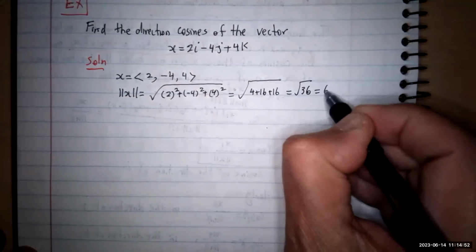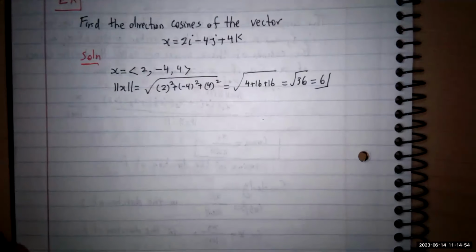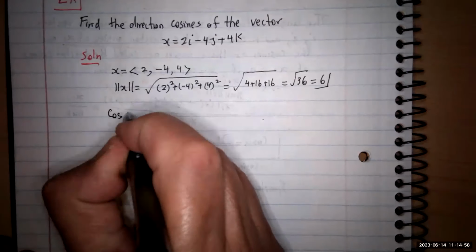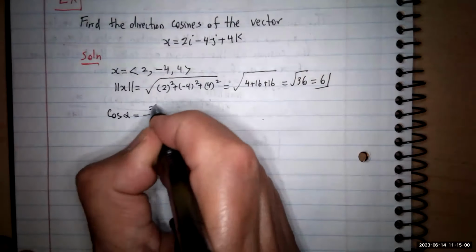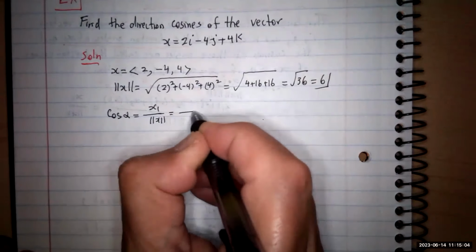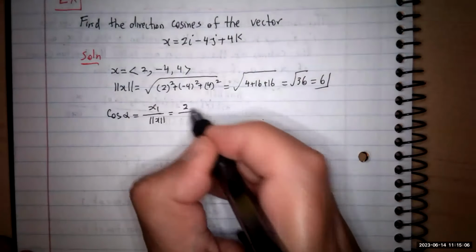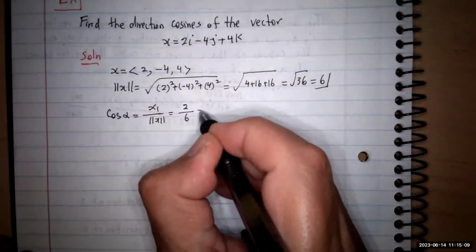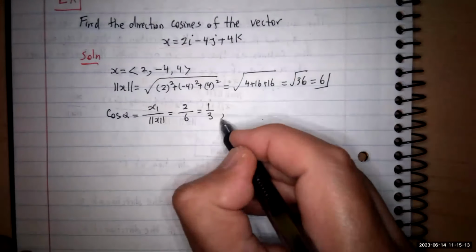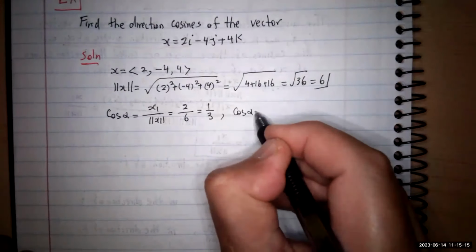So the norm is 6. Now we can find the direction by the formulas. So the cosine of alpha, remember, is x1 over norm x. So x1 is 2, the norm is 6, so that gives you 1/3. Okay, so the cosine of alpha is 1/3.